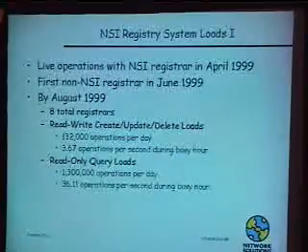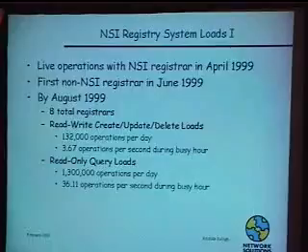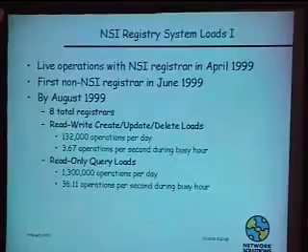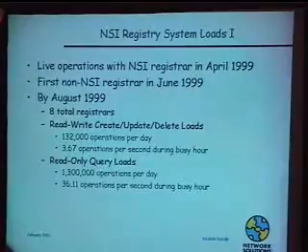June saw our first non-NSI registrar, and by August of 1999, to provide a quick snapshot, we had 8 live registrars accessing the system, and at that time, the read-write traffic that creates, updates, deletes, and transfers averaged about 132,000 a day. Not a lot of load, 3 to 4 operations per second during busy hour.